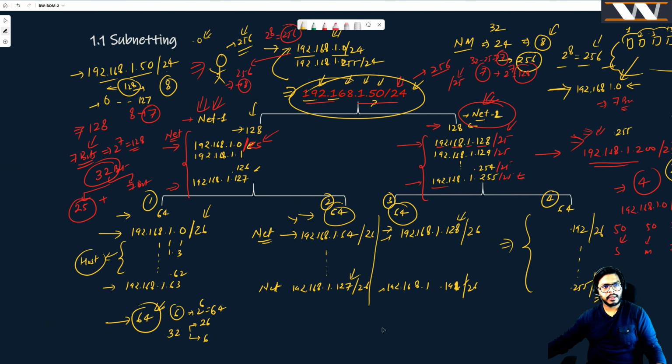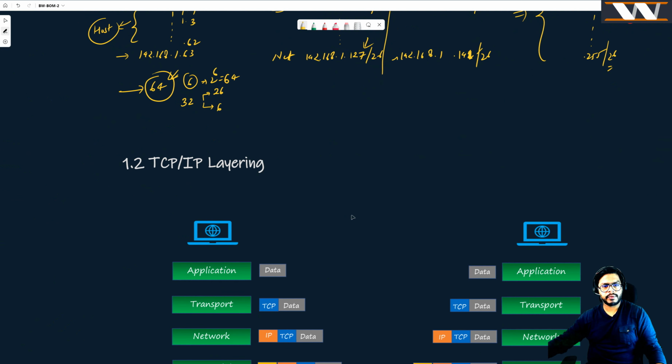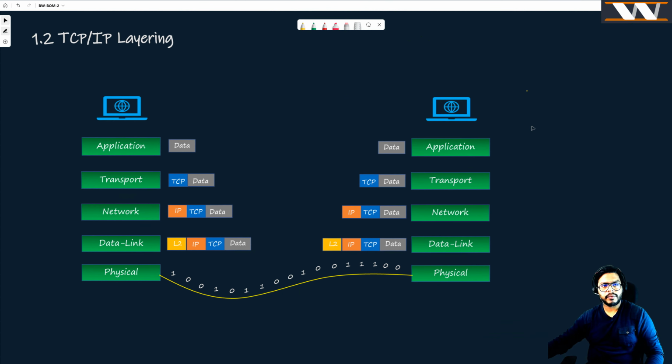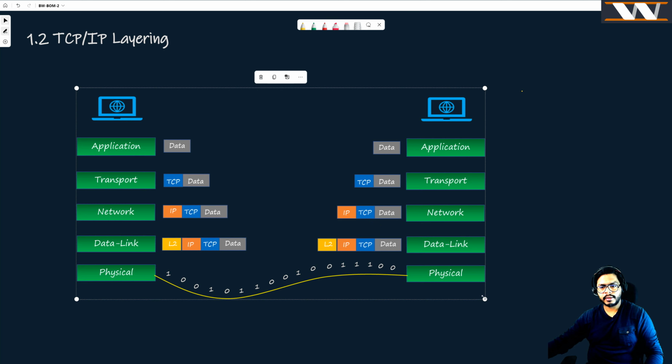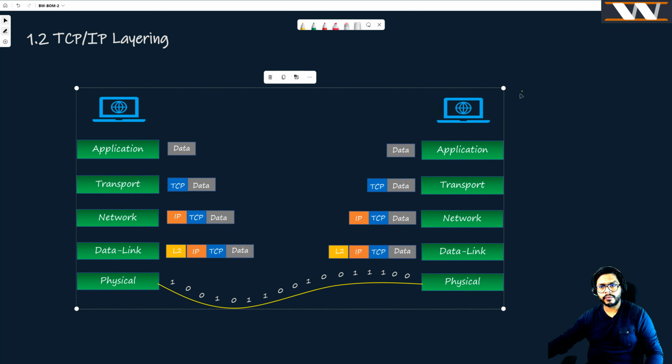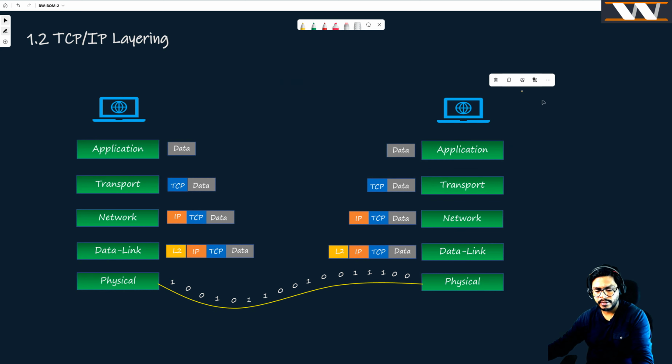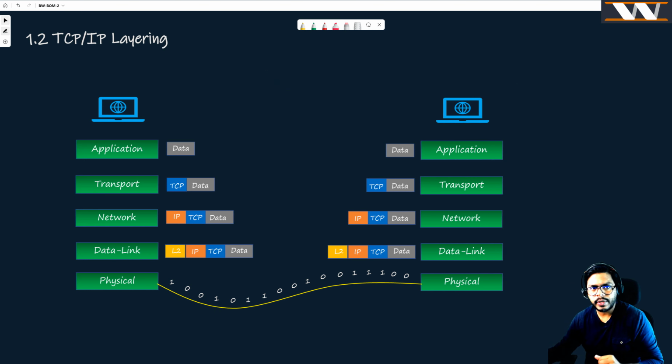Perfect. So let's move to the next board, which is all about TCP/IP layering, right? We will finish this board quickly because I presume that we all know about it, right? So actually, guys, what was happening again? Let's move to the 1970s era, or maybe before that, 1960s. People have built these computers, right?